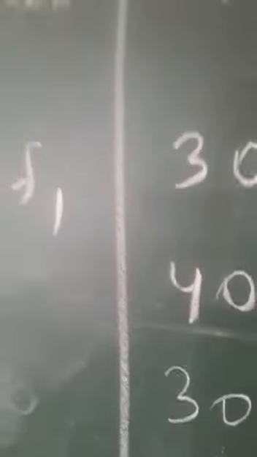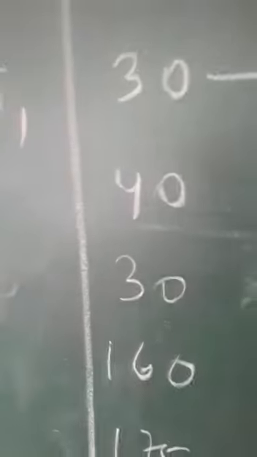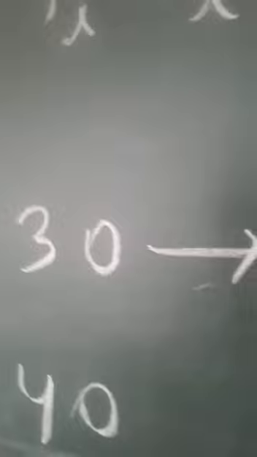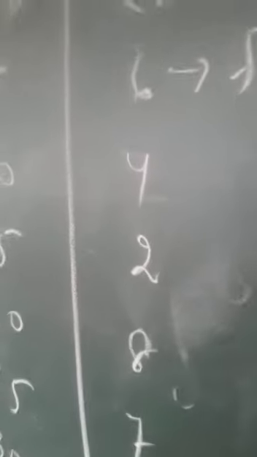Now in the next part we will find the product of f and x. The product of 5 and 6 gives us 30. It is f1 x1.